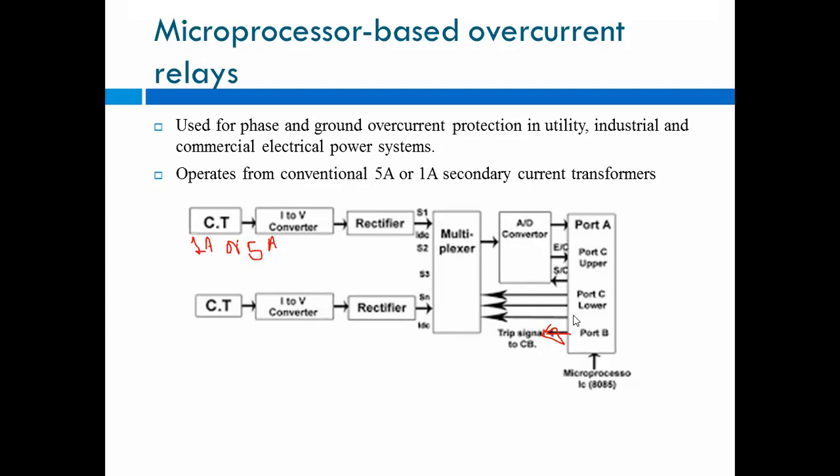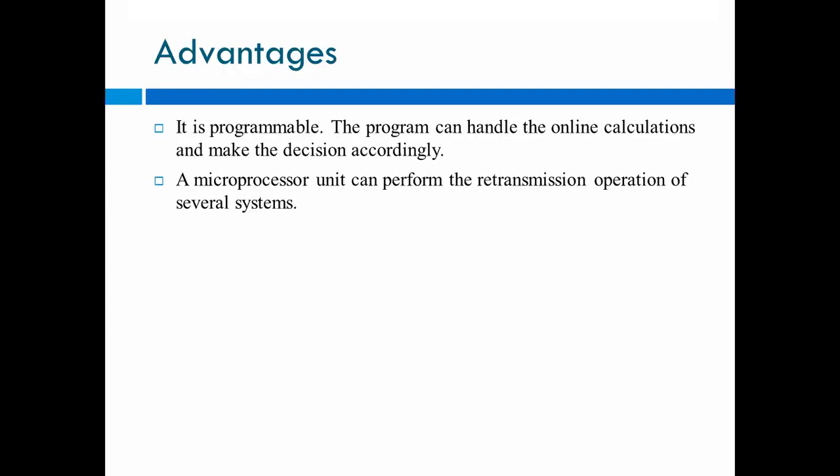When the fault occurs, this processor will do the operation and give the signal to the circuit breaker. So these are the microprocessor based relays. The advantages are that they are programmable and can do online calculations.